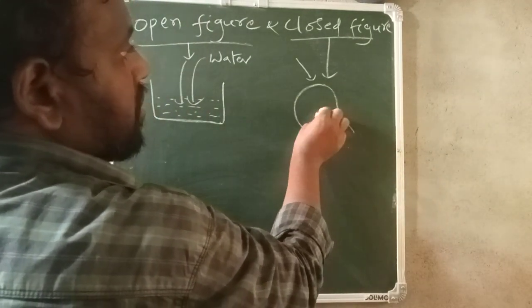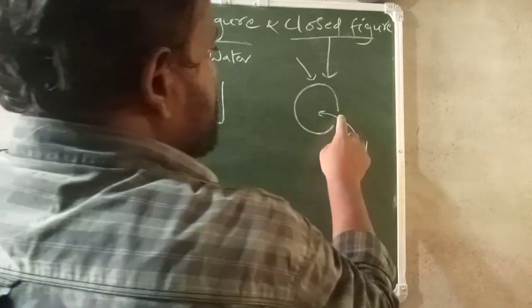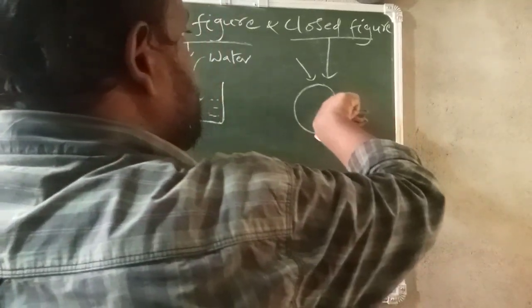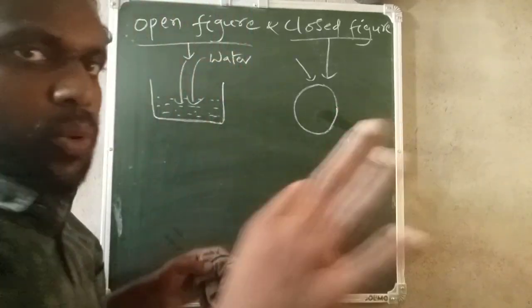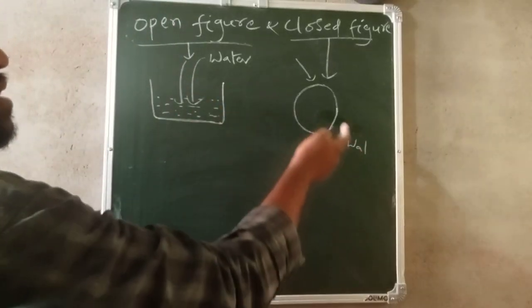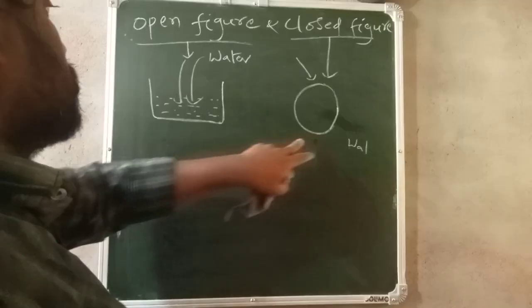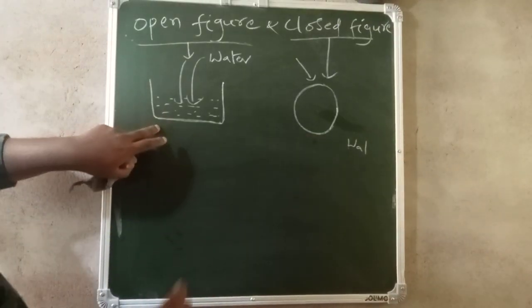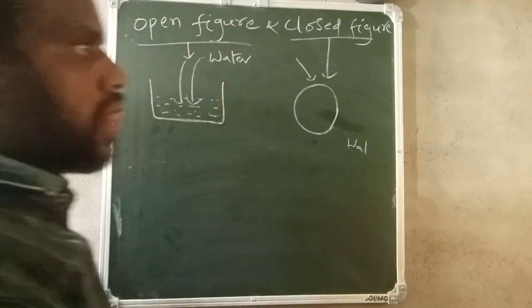You can pour water here. But if it is like this, there is no opening, you cannot pour the water. So this is a completely closed figure. That's why it is called a closed figure. This is an open figure, so there is an opening here. Here there are no openings, so it is a closed figure.